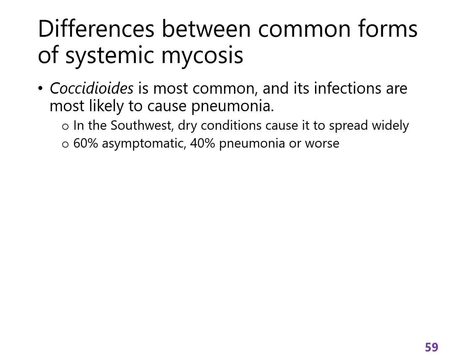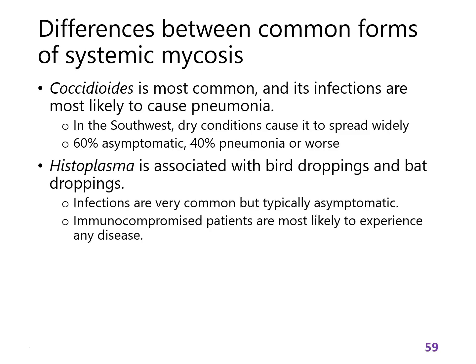So that flu-like pneumonia is a thing lots of people will experience in the southwest. And in the Southwest, this specifically spreads during dry conditions because that's when dust will get kicked up and stay airborne for people to inhale. Whereas in the others would be often more dangerous during wet conditions, which increase the rate of fungal growth. So it's a little bit different.